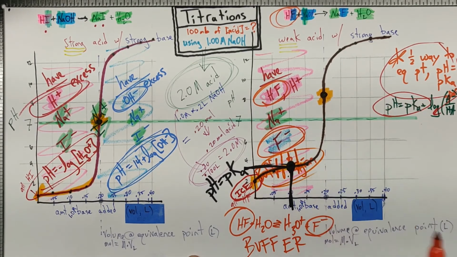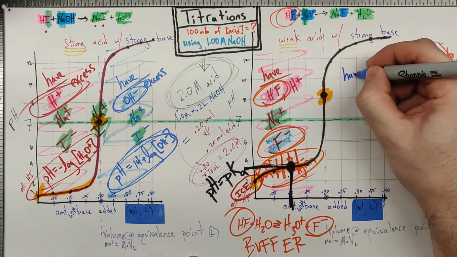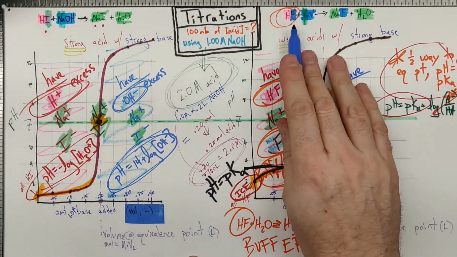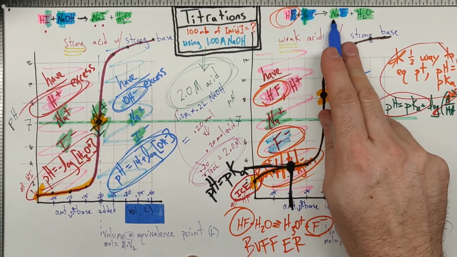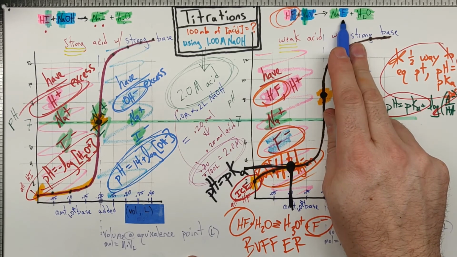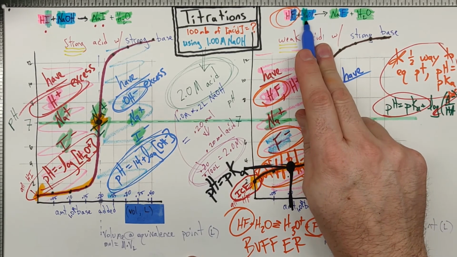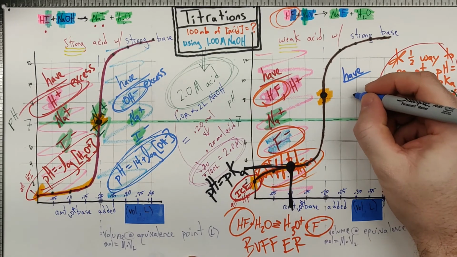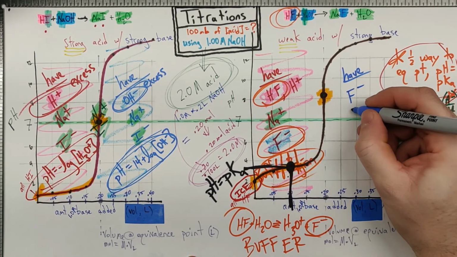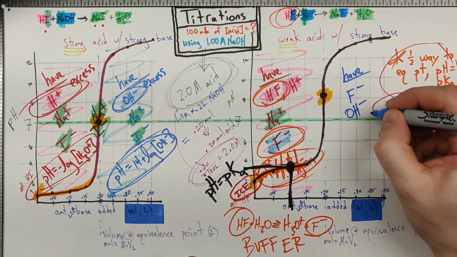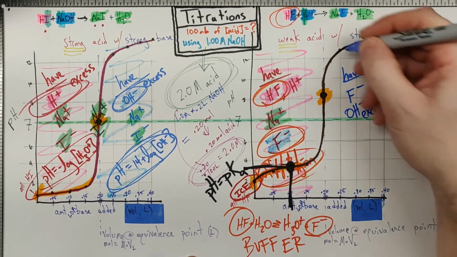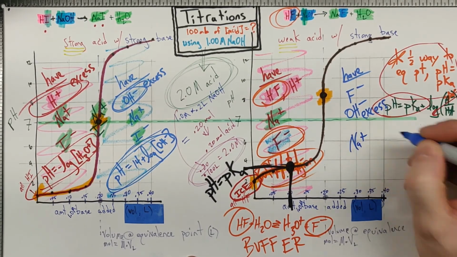And then over here, what do we have present? We have all of our HF used up, so we've got sodium ions, and we've got fluoride ions, and then we've got the extra NaOH that we added. So we've got our fluoride ions, we've got hydroxide excess, and we've got sodium ions.